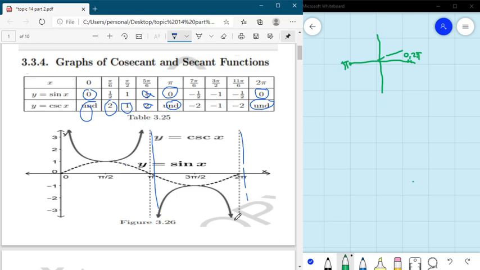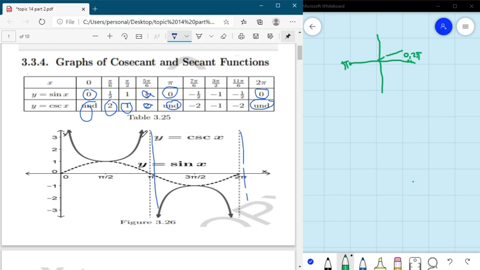So we could also sketch the graph directly from the graph of sine of x by observing the following facts. If sine of x is 1, the cosecant is also 1. If cosecant x is negative 1, then sine x is also negative 1.